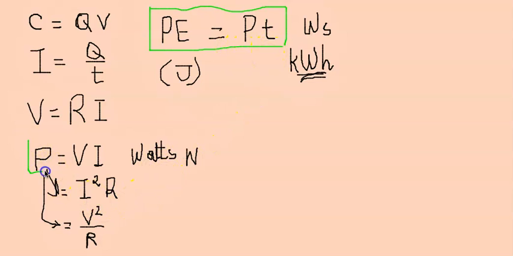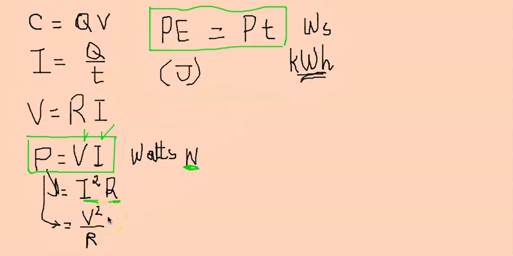The power in an electrical circuit, basically between two nodes: if you have the voltage and the current, then you multiply voltage by current, and the unit would be watts. If you don't have voltage but the current and resistance, that would be I squared times resistance.